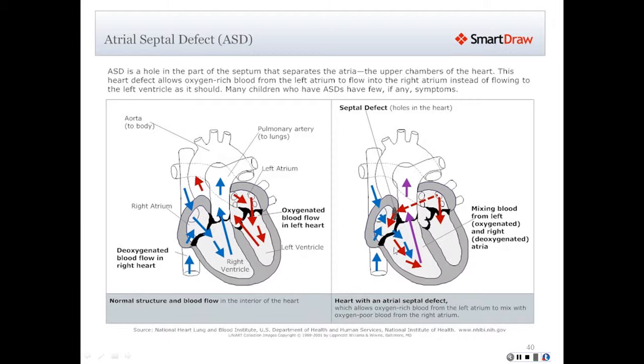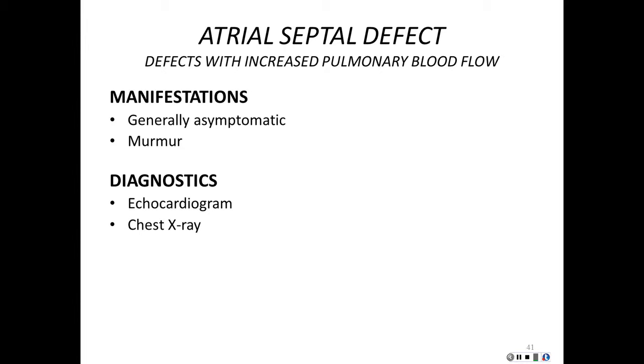Then that blood begins to mix in the atrium and mix in the ventricles, and then that blood is sent back out and back into the lungs to be oxygenated. So you're really just sending oxygenated blood back into the lungs to be oxygenated again. So you're really not sending out any deoxygenated blood out into the systemic circulation.